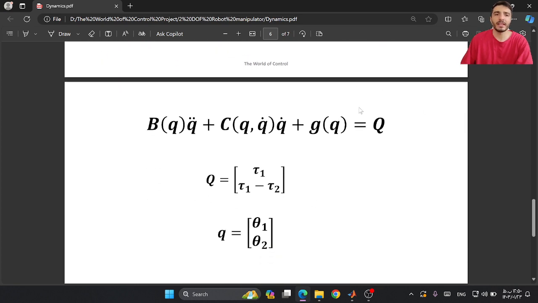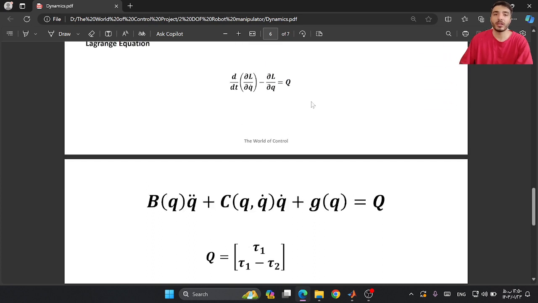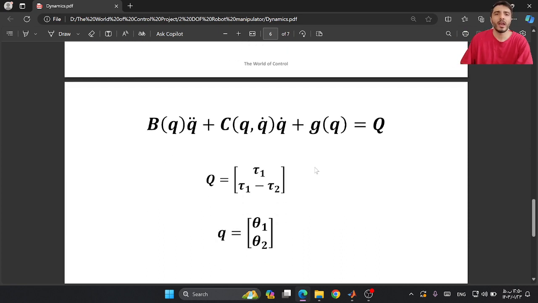And by taking derivatives and putting the terms in this equation, we can extract the equations like this. We have 2 degrees of freedom, so we will have 2 equations, one for each degree of freedom.